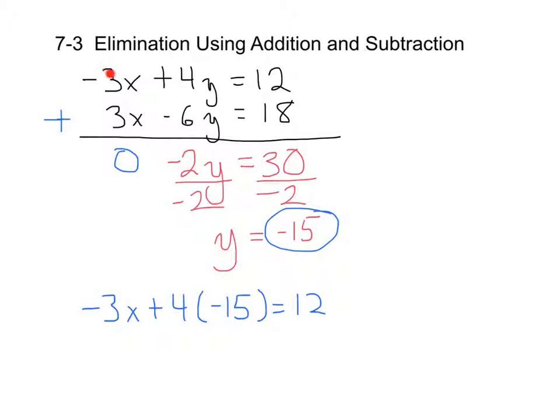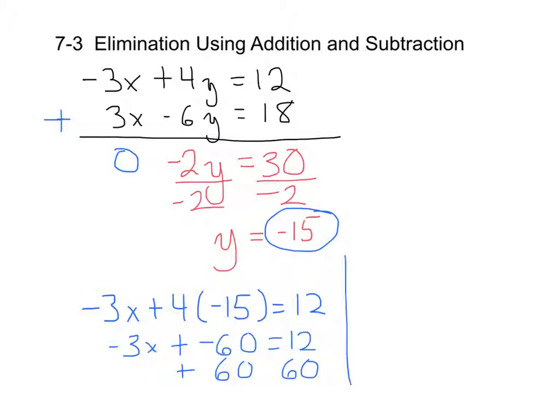Okay, and hopefully you can see this and this are the same thing. I just substituted this value for y into this equation right here. Okay, so after that, negative 3x plus 4 times negative 15 is a negative 60 equals 12. I would add 60 to both sides of the equation, and I would end up with negative 3x is equal to 72.